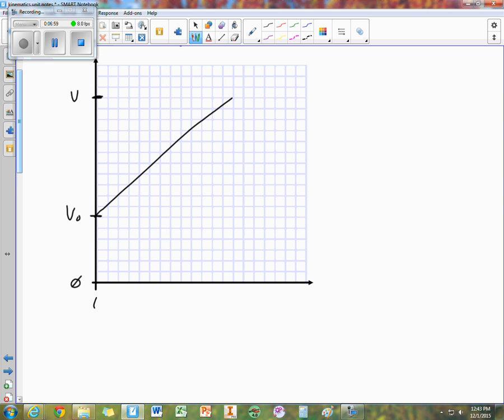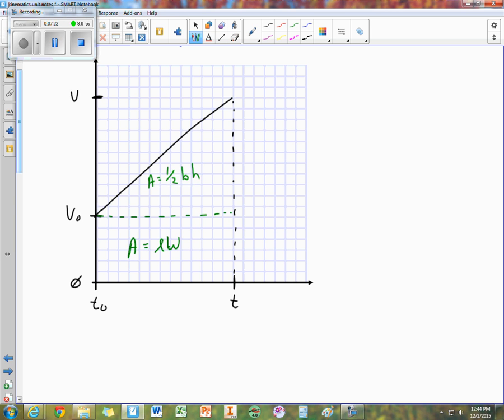And we have our initial time and our final time. Notice that we can break this up into a triangle and a rectangle.